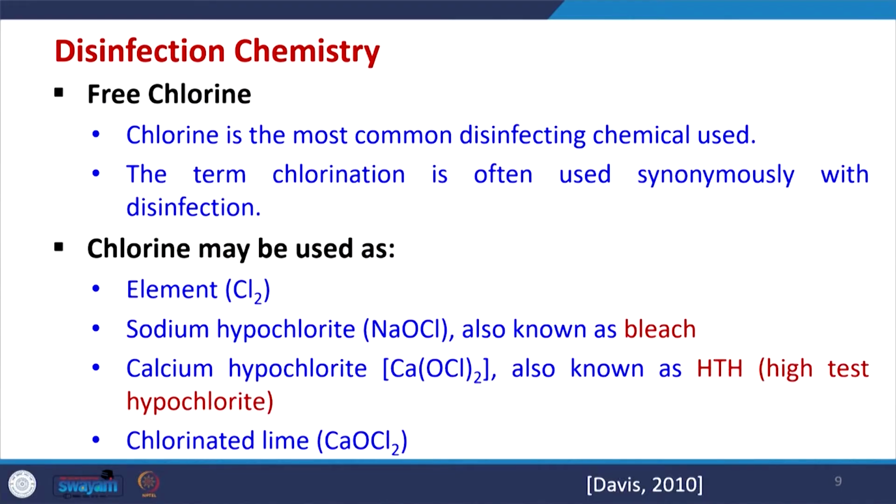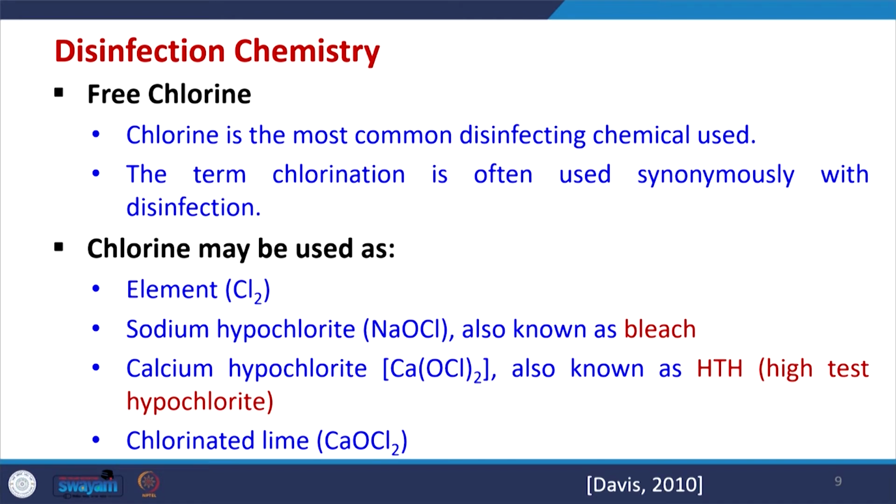So, this chemistry will give you a little bit of idea regarding this. Free chlorine is one of the most commonly used disinfecting chemicals, and the term chlorination is very commonly used with disinfection. In the field people will sometimes say chlorination. So, chlorination means disinfection.